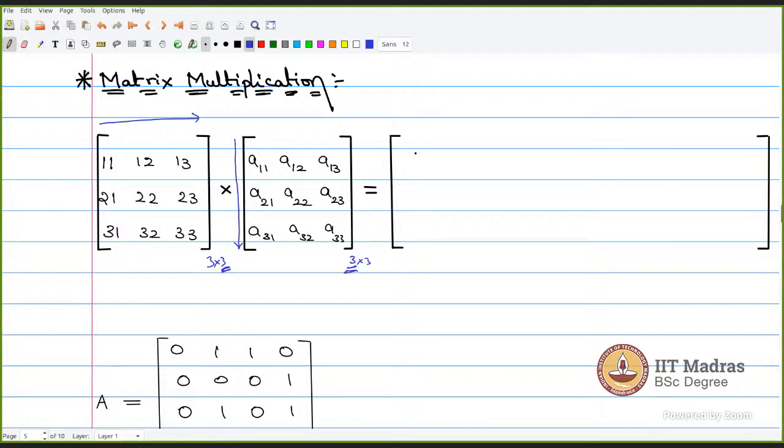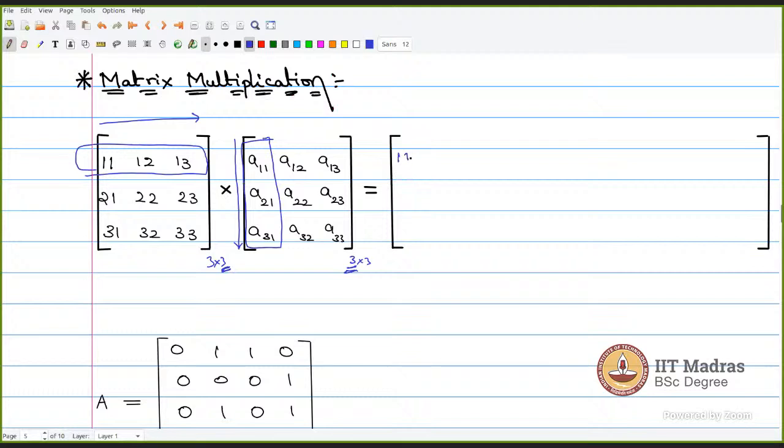In order to find the first row, first column, I will take the first row of the first matrix and the first column of the second matrix, and I will multiply the first term to the first term, second term to the second term, and third term to the third term, and add all three, and that will become the first row, first column element of the multiplied matrix.